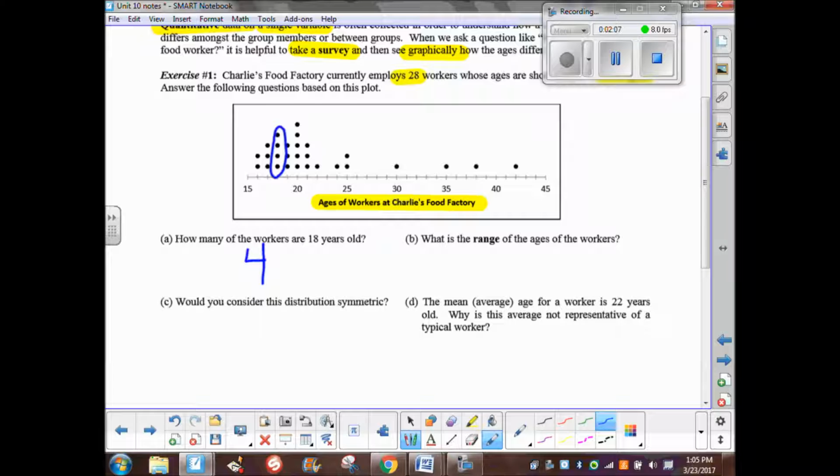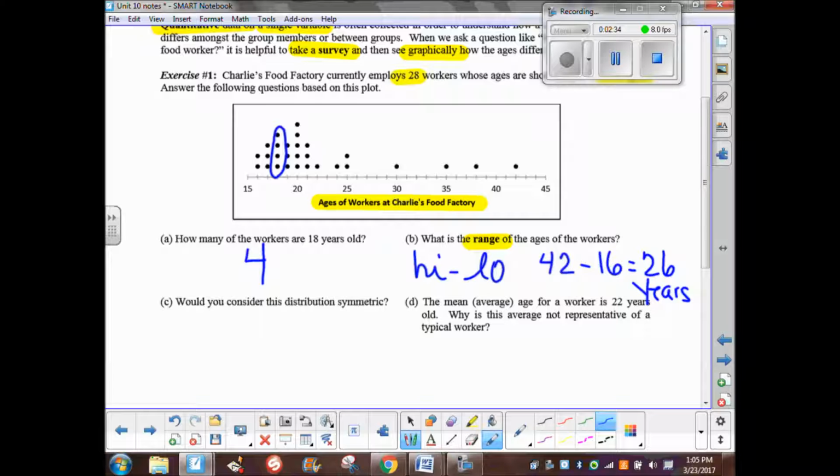Then it says, what is the range of those workers? So the range is the high minus the low. So the oldest person is 42, minus the youngest person is 16, and we end up with a range of 26 years.